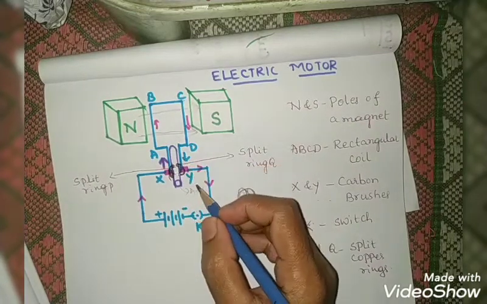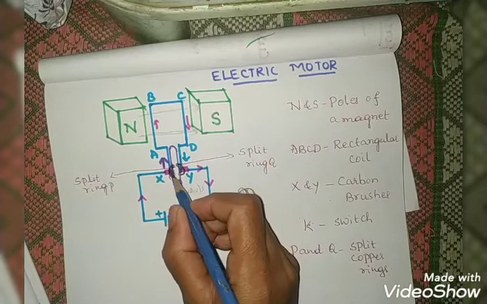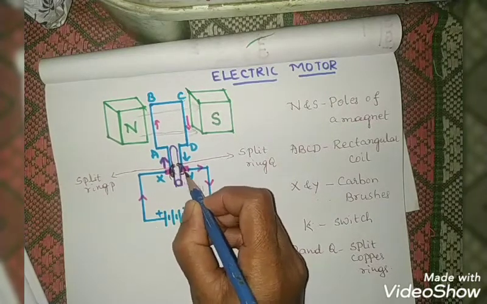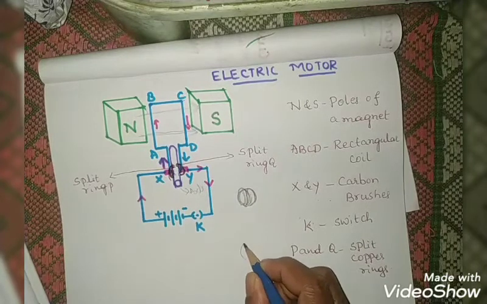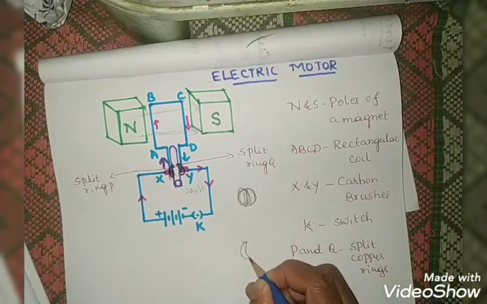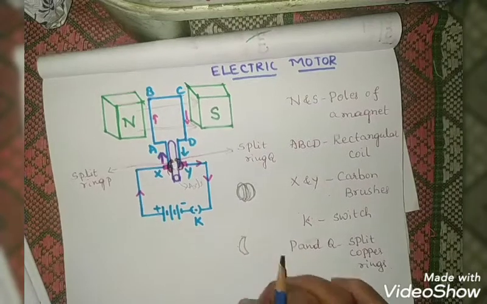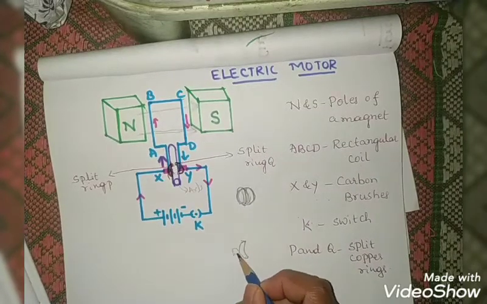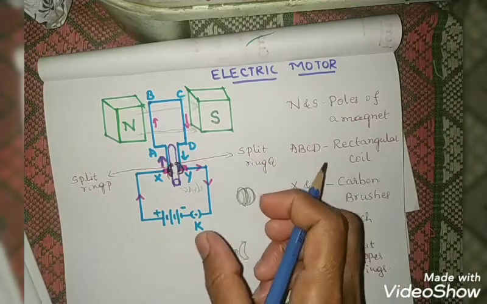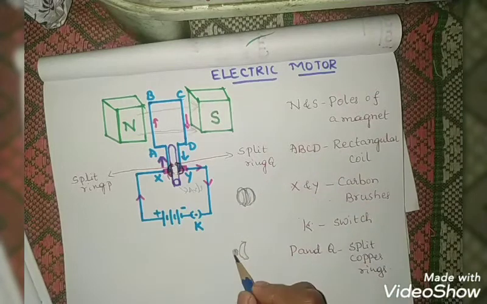The external conducting edges, that is, the ends of these external edges of the split rings. Let us think this is one portion of the split ring. This outer edge is connected to the brushes, that is, conducting brushes, carbon brushes.